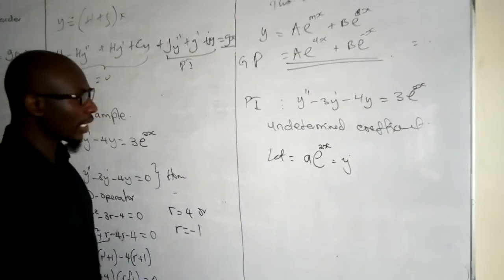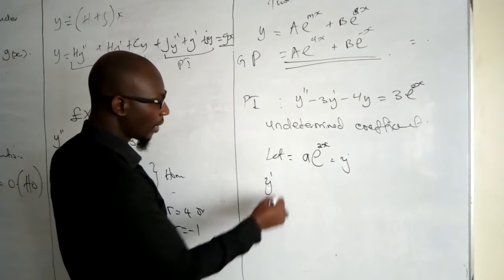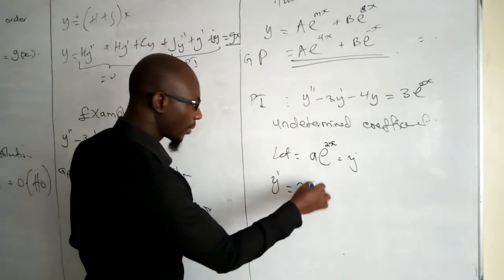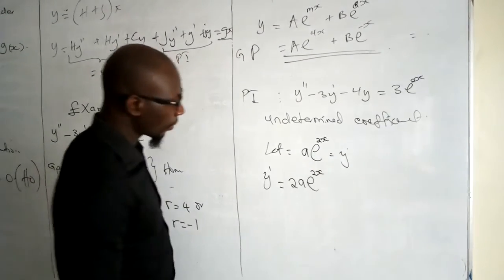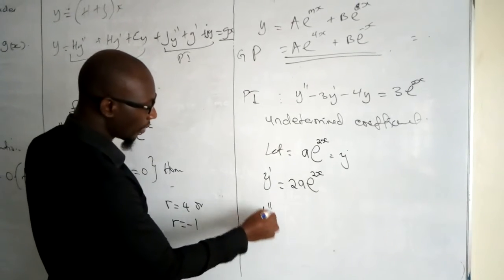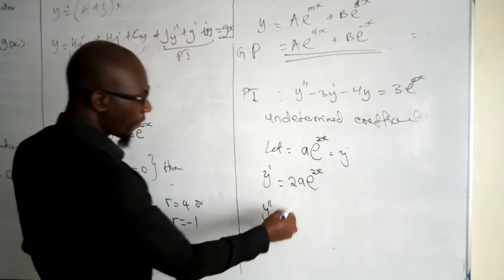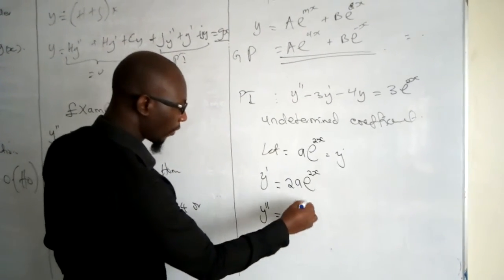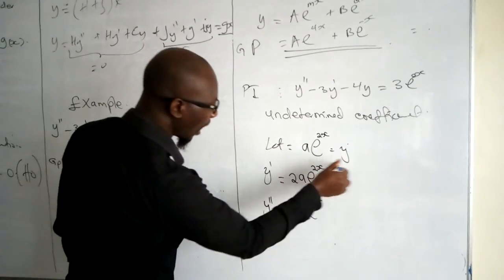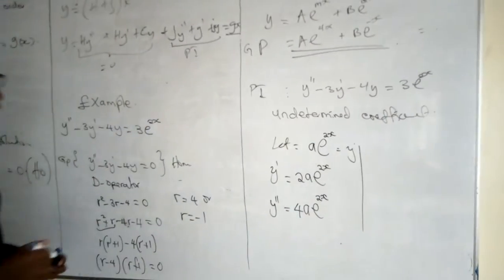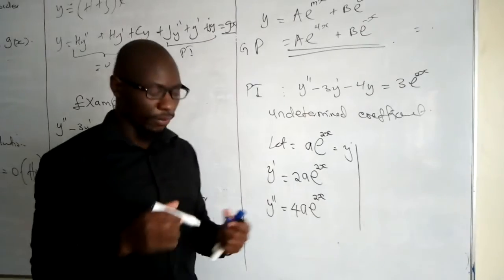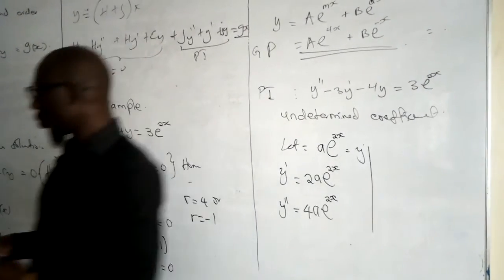If y is equal to that, what will be y prime? Y prime will be 2a exponential of 2x. Y double prime shall be equal to what? 4a exponential of 2x. After having all these parameters, we substitute in this equation to get the particular solution.